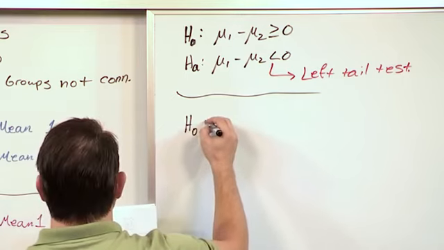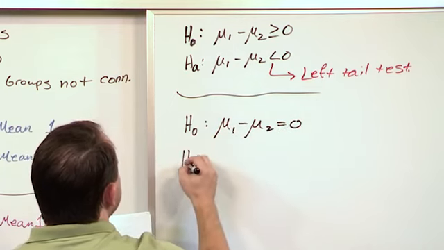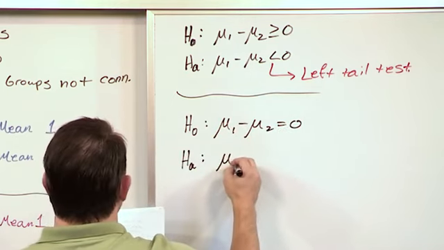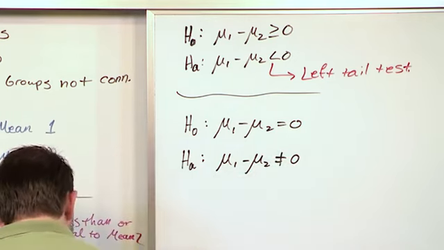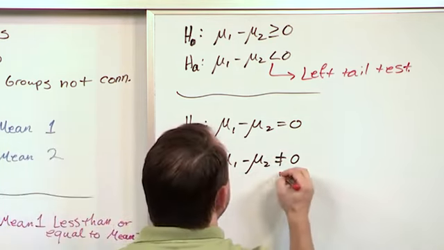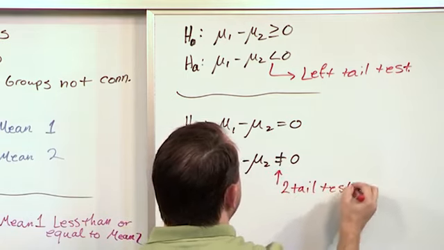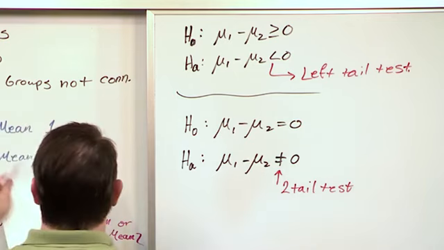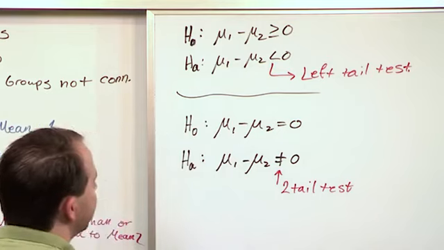So something like that might be if I have mu1 minus mu2 is equal to 0, and then the alternate is mu1 minus mu2 is not equal to 0. Because of this guy, this is a two-tail test. So we have a normal distribution that's going to govern these because it's a large sample. So we'd have a normal distribution with shaded areas in both tails.